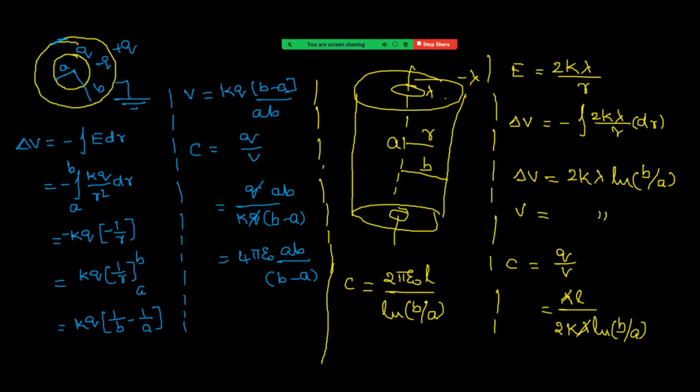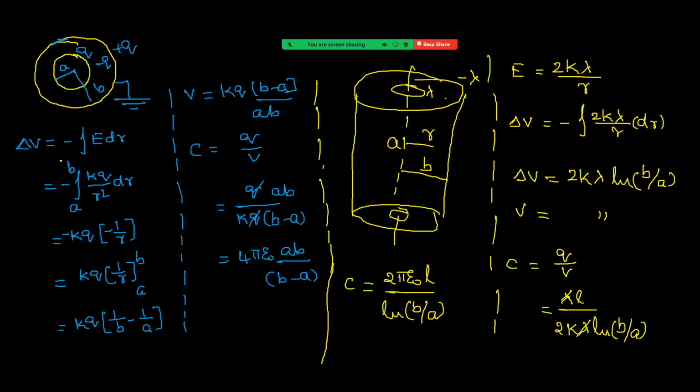So like this, we can calculate capacitance for each and every capacitor. That means just assume there is a charge Q and the outer one is grounded. Otherwise, give plus Q and minus Q. Same logic here also, giving plus lambda and minus lambda, otherwise giving plus lambda with the outer one grounded. So both are equivalent.